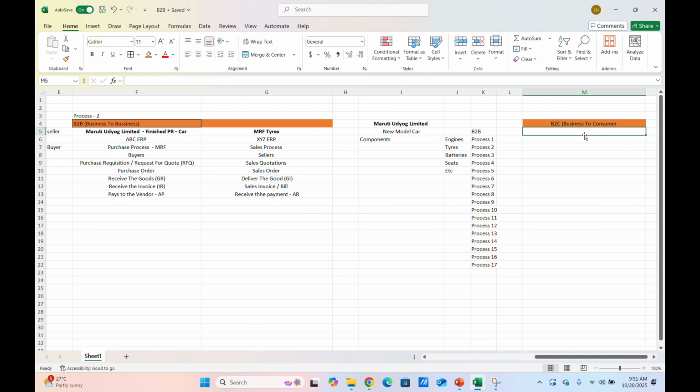For the B2C process you can take any supermarket.